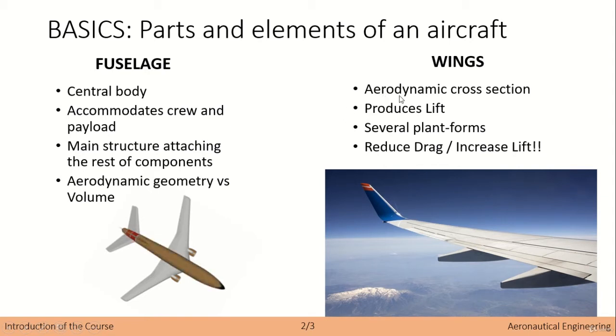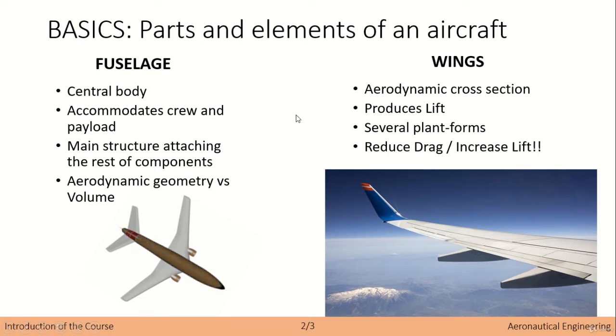The wings, as you know, basically provide lift to the aircraft, an upward force which is able to counteract the weight of the aircraft. Now, the wings have an aerodynamic cross-section, usually named an airfoil, which is optimal in order to obtain as much lift as possible, considering the different velocities and conditions at which the aircraft will operate.